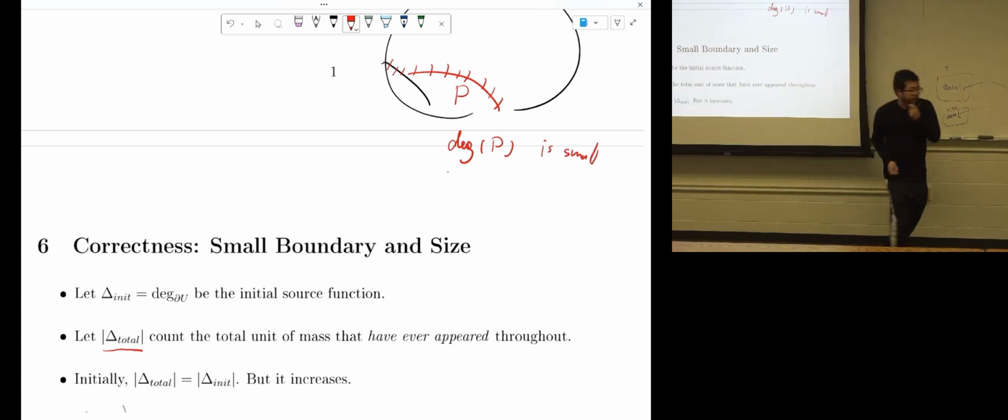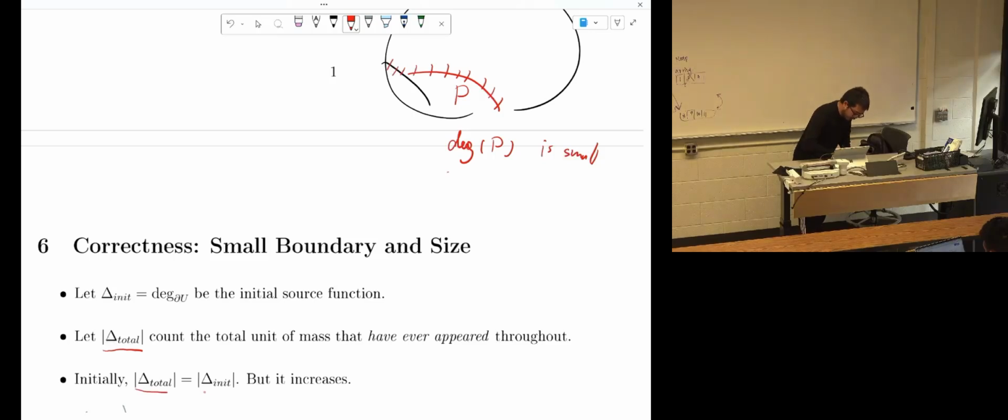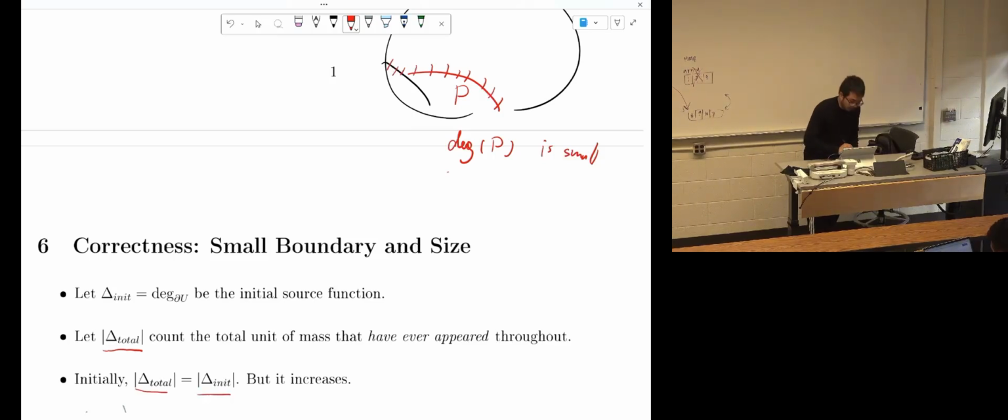Initially it is just the initial source, the size of the battery of U. But it can increase. When does it increase?